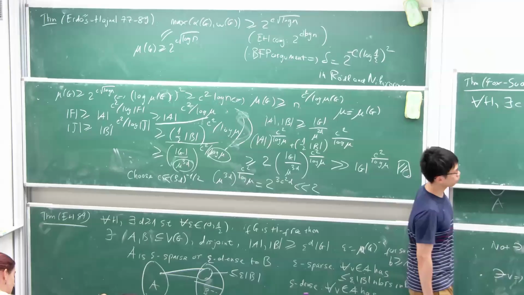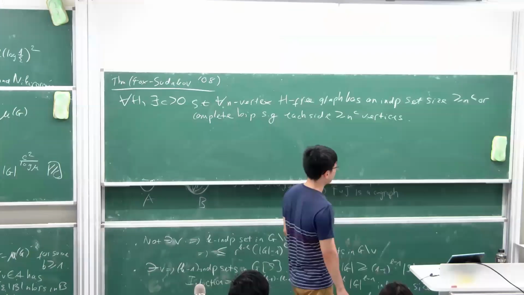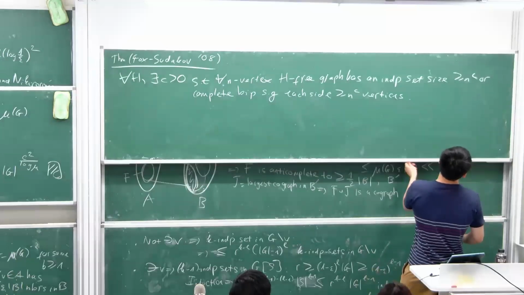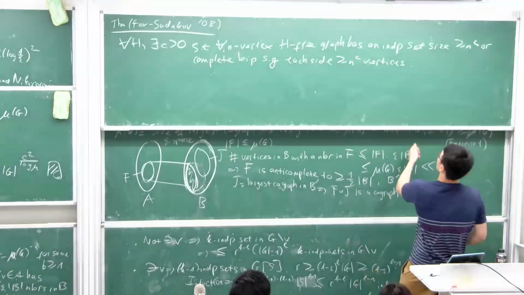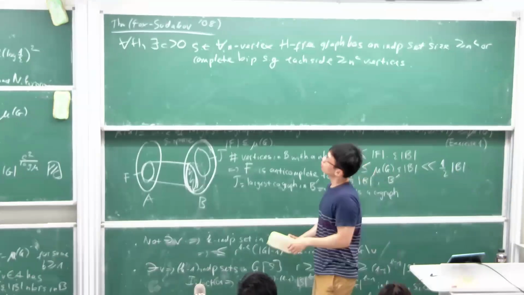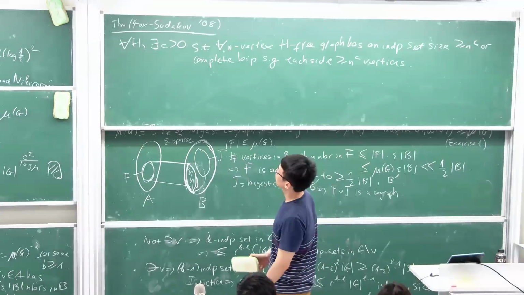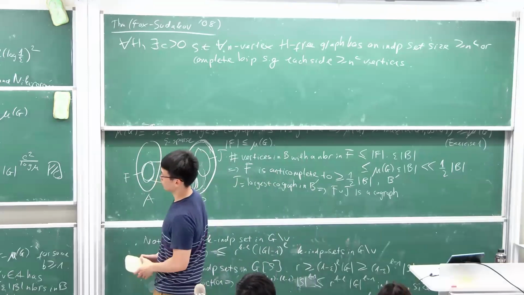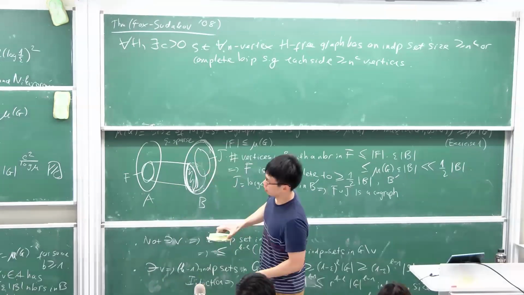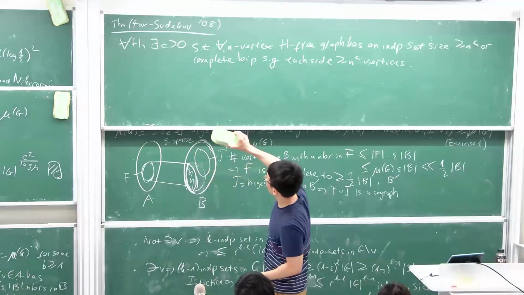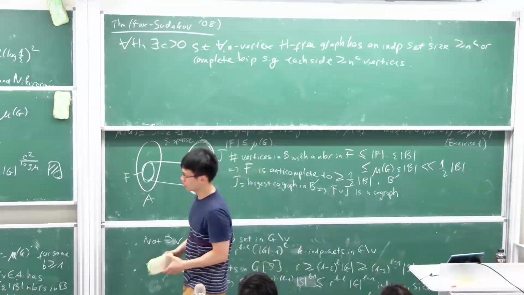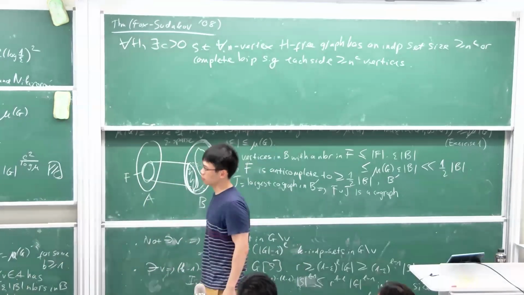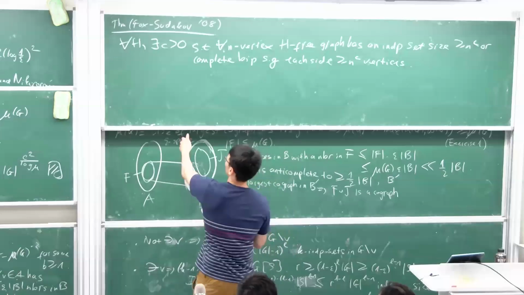So this is a very notable result, and I think last year with Alex we managed to find a new proof of a result that would generalize both this Fox-Sudakov theorem and this density version by Erdős and Hajnal. So let me tell you what that is.